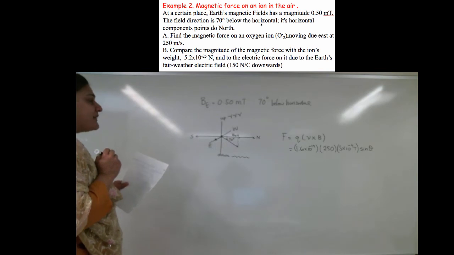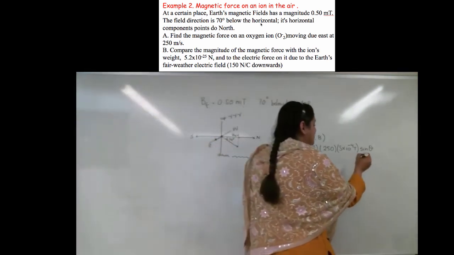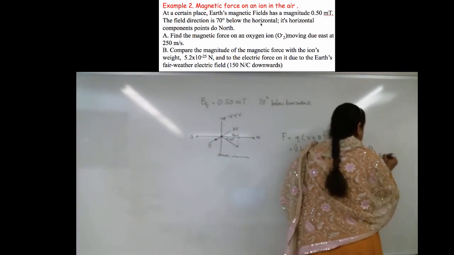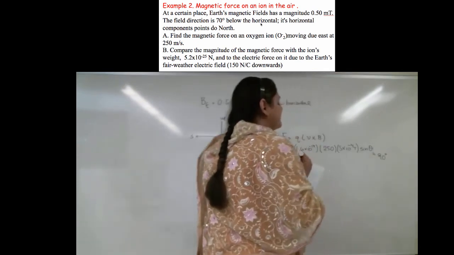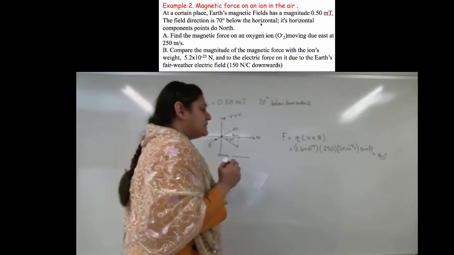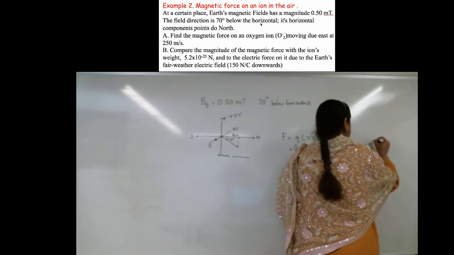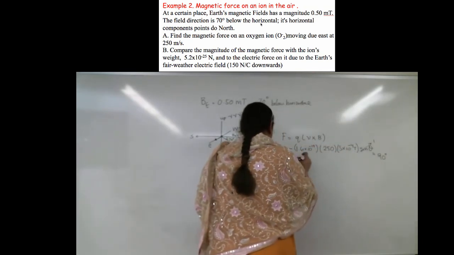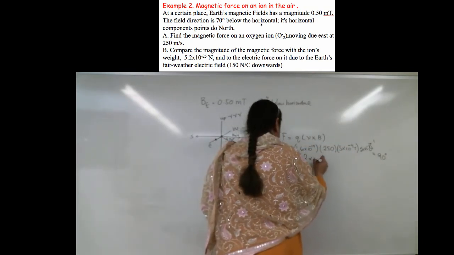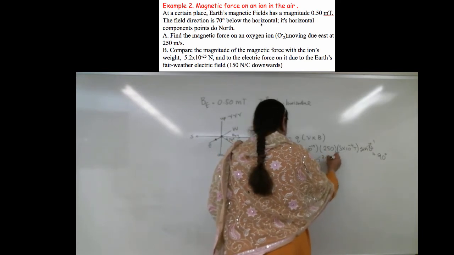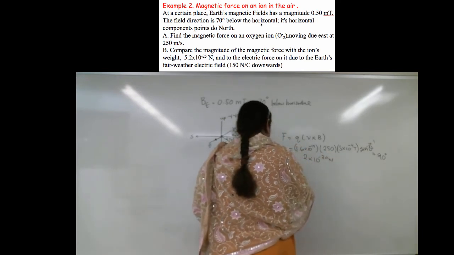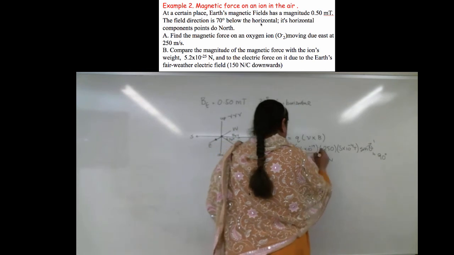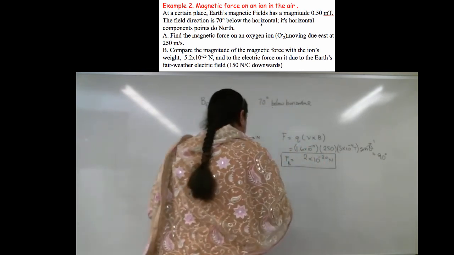So basically, theta, as far as we can tell, is going to be 90 degrees, okay? And sine of theta is 1. So this whole term becomes equal to 1. And when we calculate the magnitude, it comes out to be 2 times 10 to the minus 20.